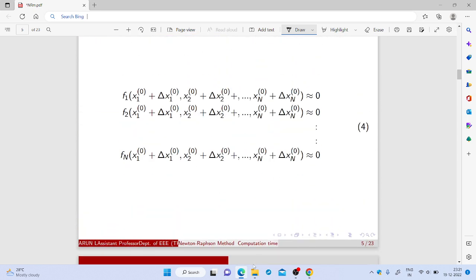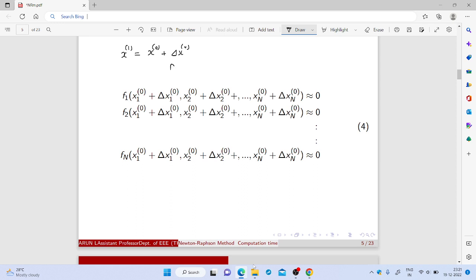So suppose x of 1 is a better update to the initial guess, and x of 1 is acceptably close to the root.